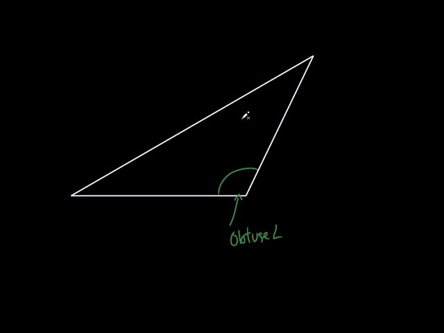So if you have a triangle that has just one, I'll just put a 1 right there, one obtuse angle, we call that, what do you think? Yeah, again, it's not brain surgery here. They name it the way you think they should name it. This is called an obtuse triangle. So this is an obtuse triangle if it only has one obtuse angle.